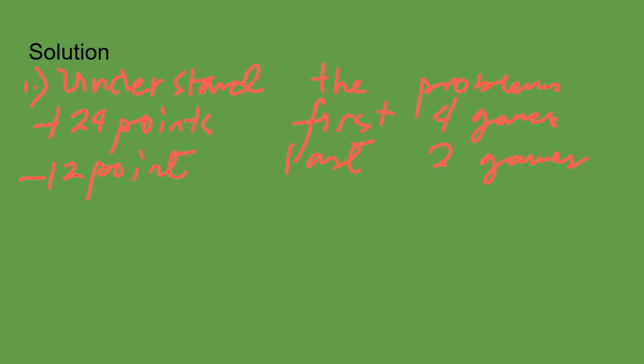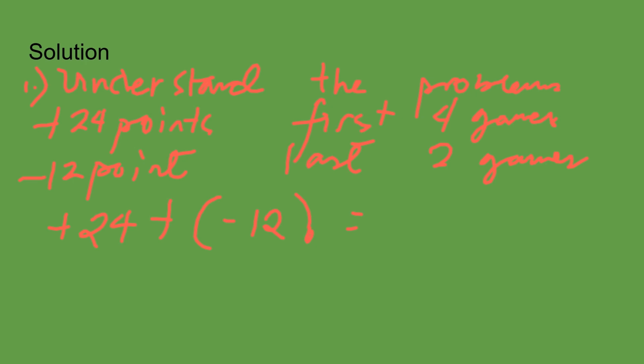Now, for us to find the total change in points for all 6 games, we have to add these two values together. So what does it mean? So the total change would be positive 24 plus negative 12 equals, okay. So we already know this because I've discussed this in our previous lesson.